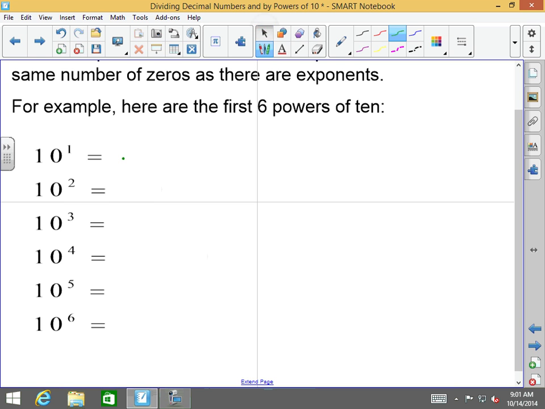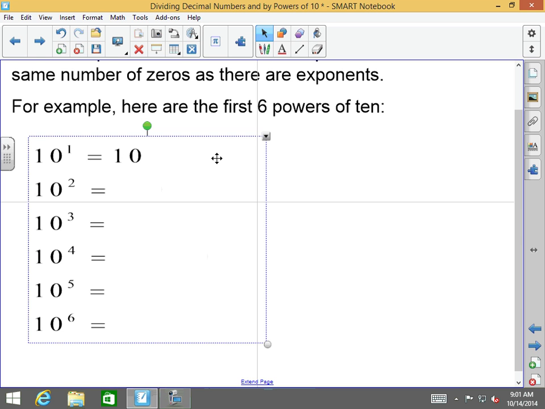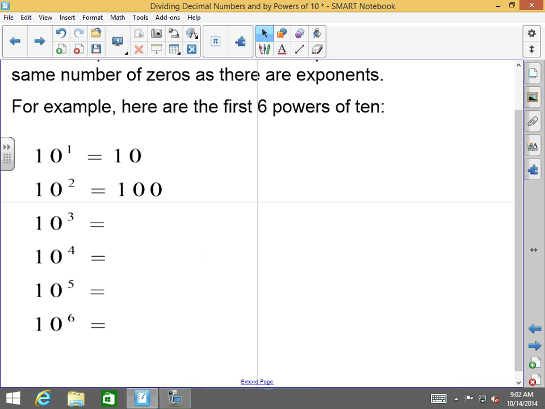10 to the 0 power would equal 1, because there's no zeros, guys. 10 to the first power would equal 10, because there's 1 zero. 10 to the second power would equal 100, because you have a 1 and 2 zeros, two exponents, so 2 zeros. 10 to the third power would equal 1,000, a 1 with 3 zeros behind it. 10 to the fourth power would be a 1 with 4 zeros behind it.